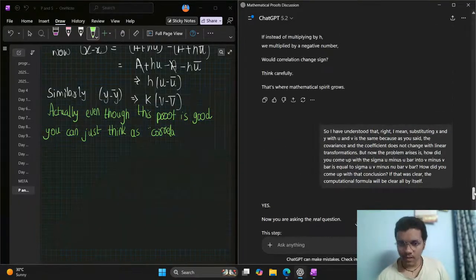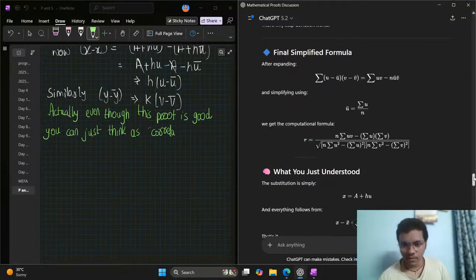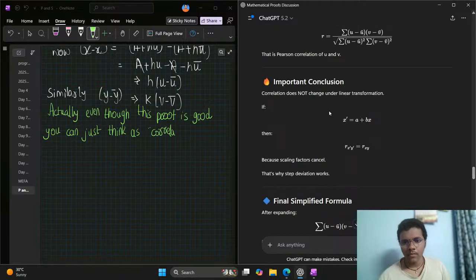What is that? Correlation, covariance. Covariance and coefficient. Nope, not that one. Correlation does not change under linear transformations, yes.